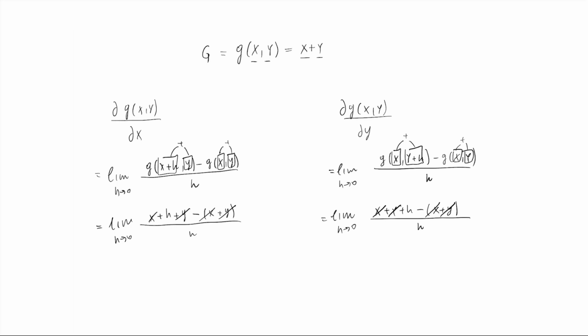We will also have h's cancelling out, because they are numbers not equal to 0, and we will conclude that both partial derivatives are simply equal to 1. So the partial derivative of g in terms of x equals 1, and the partial derivative of g in terms of y also equals 1.